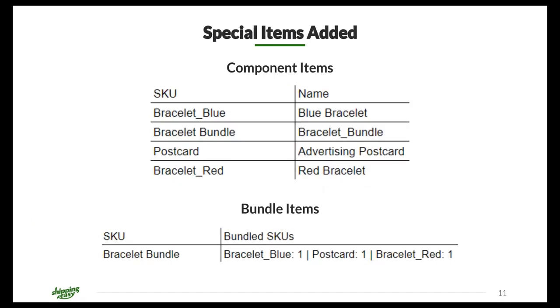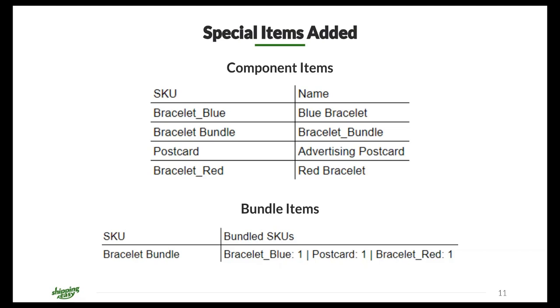Next, we have special items added in. This is just going to be for items that are added into every package, but aren't necessarily included in the specific order that your customer is placing. So in this case, we have a bracelet bundle. And the bracelet bundle includes a postcard and an additional bracelet to go along with the order.